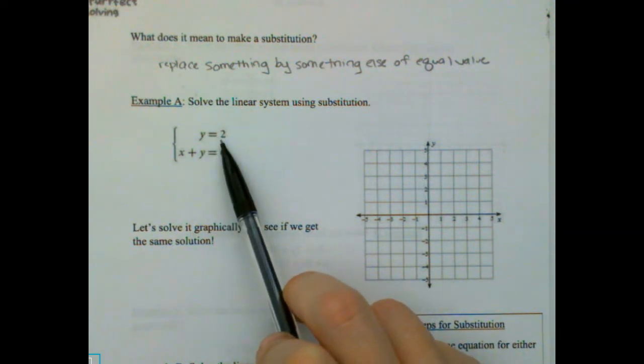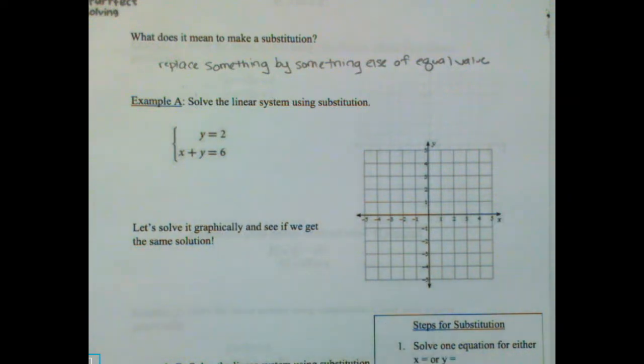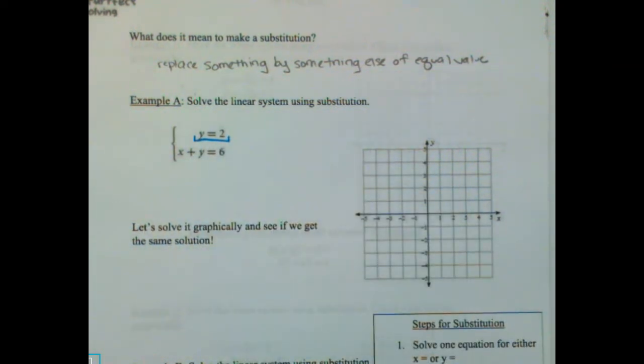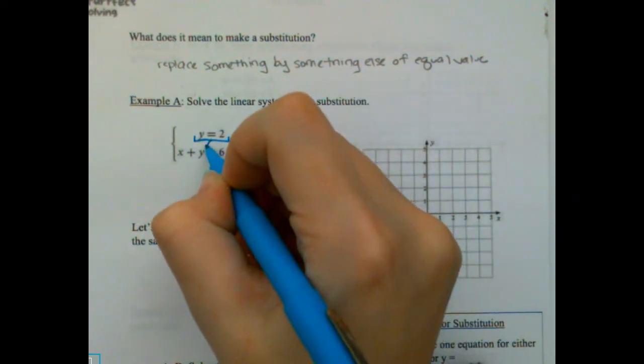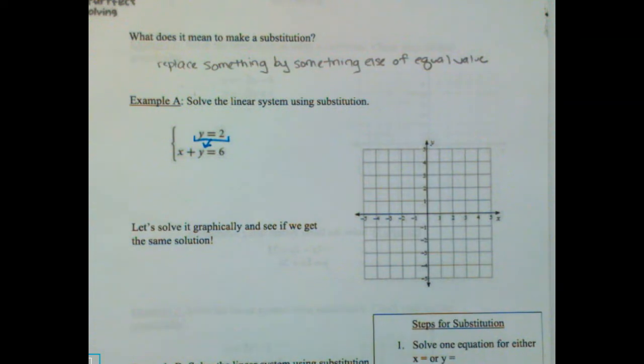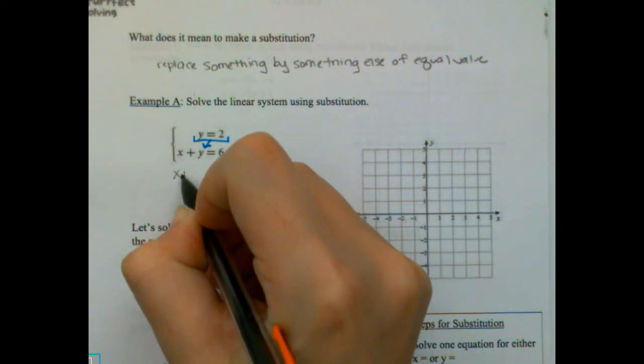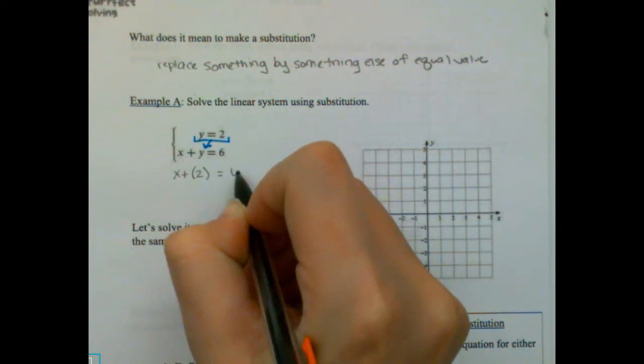If I know that y is equal to 2, and sometimes colors help with this, I'll get some markers here. Sometimes colors help us differentiate what we're talking about. So if I know that y equals 2, then I can plug it in to the y in the other equation. Instead of x plus y equals 6, I'd get x plus 2 equals 6.